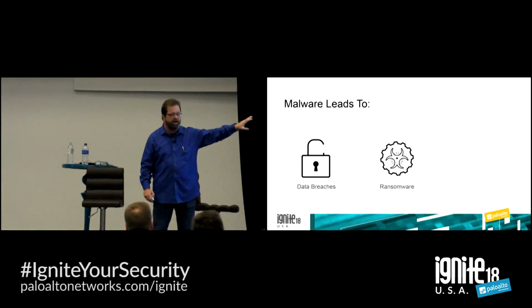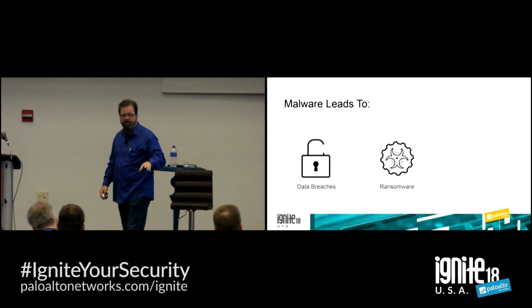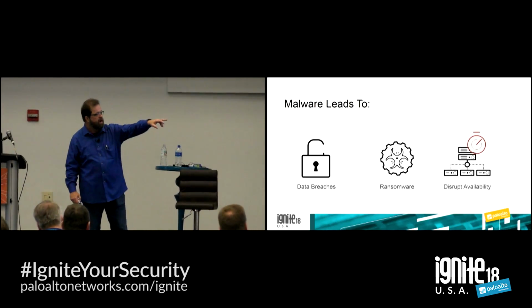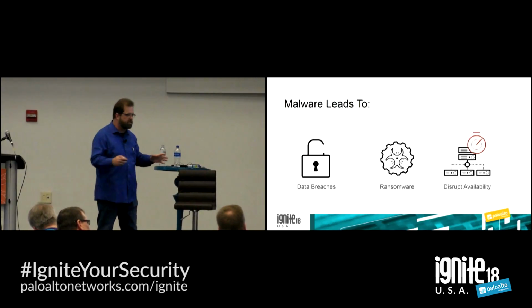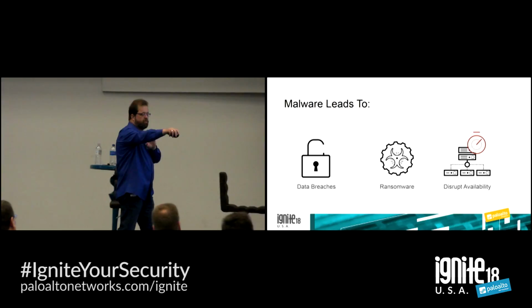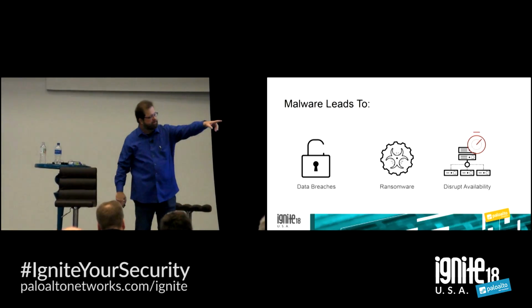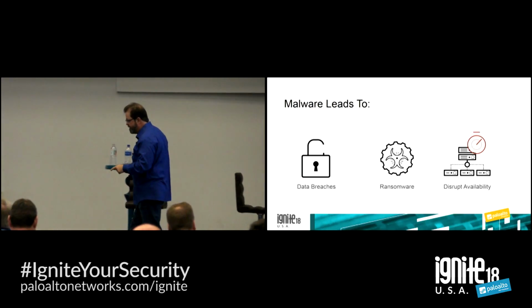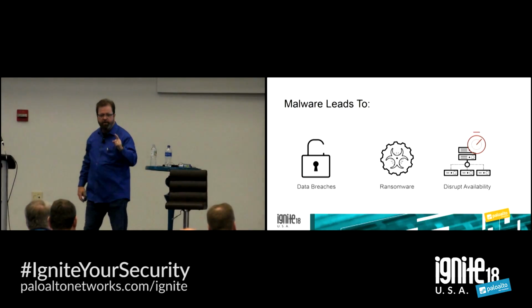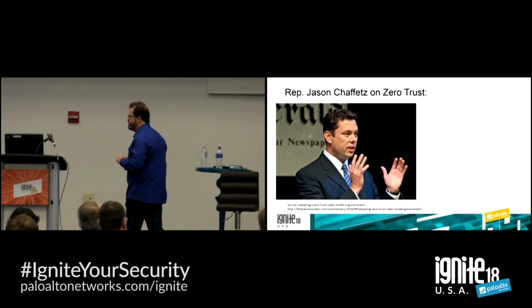I would argue that if I have the visibility to find and stop a data breach, I will automatically stop malware or ransomware, and then we can stop disrupting availability as well. Oftentimes, we've been so focused on the two things on the left, or your right, disrupting availability and ransomware, that we haven't thought about data breaches. But starting tomorrow, you need to think first and foremost about stopping data breaches.